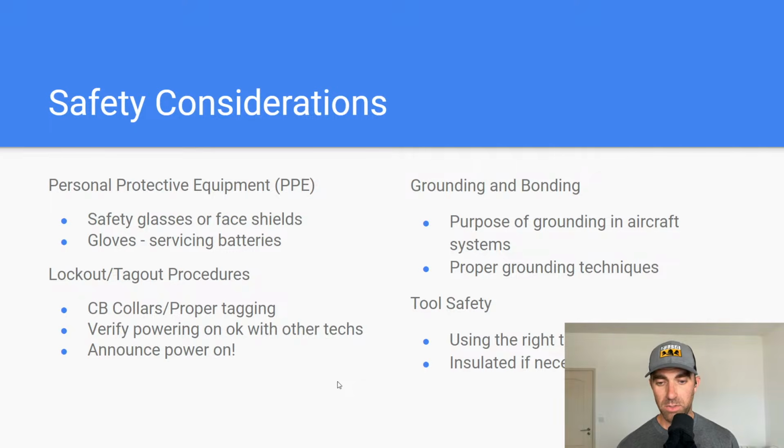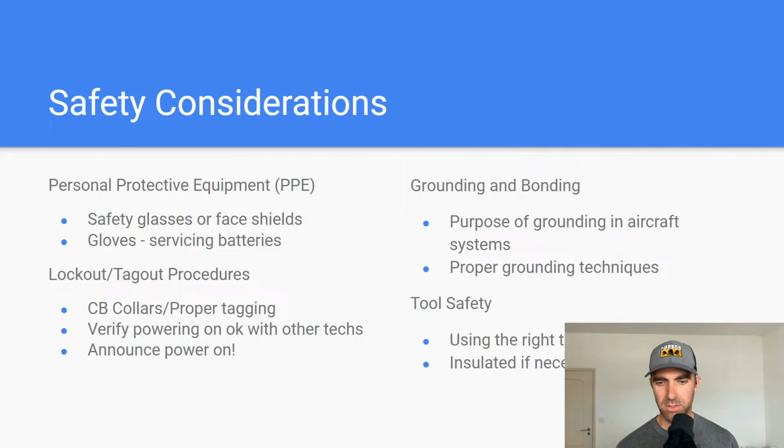And then another big one to think about is if you need to apply power to the aircraft for any reason, and let's say it's a big jet where there are a bunch of people out there doing things. It's a good practice to walk around and check with everyone that's working on it and ask them if it's okay to put power on. Ideally, if they need circuit breakers pulled for the system they're working on, it's not going to affect them, but you just want to double check as a courtesy and an extra safety measure.